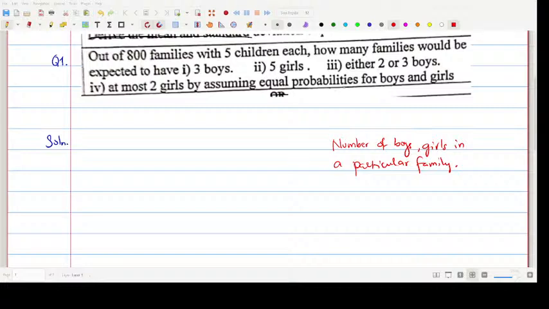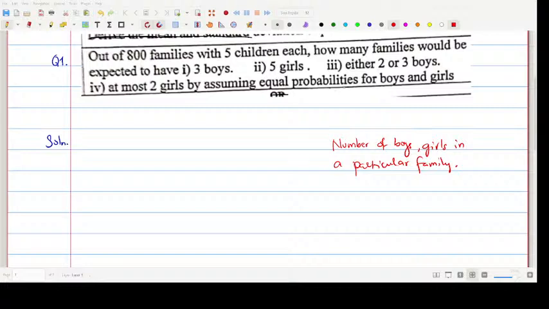And those many families would have maybe at most two girls, right? So basically we need to find out what is the probability of a particular number of boys and a particular number of girls in a particular family.